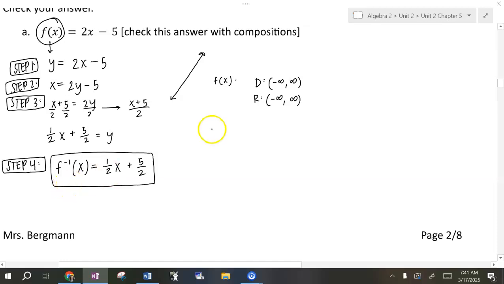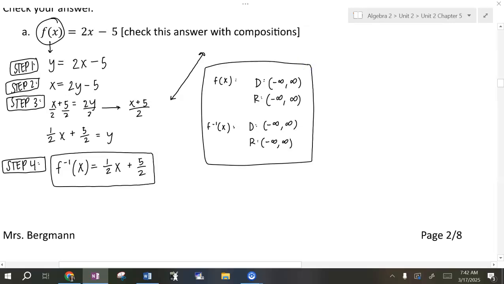In my inverse function, my domain and range will be switched. So I know the domain is going to be all real numbers. My range is going to be all real numbers because if I switch them, they're still the same thing. But for this function, it makes sense. My inverse ended up as also a linear function, so that's going to have a domain and range of all real numbers.